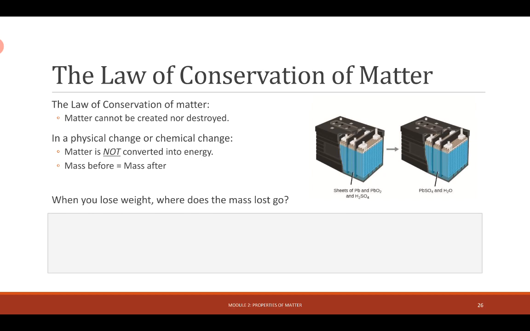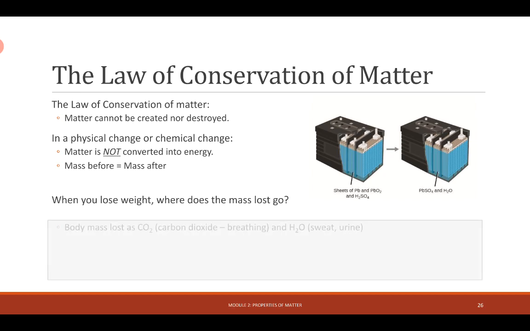Now, when we lose weight, like through dieting and exercise, where does our lost mass go? Because we know from the conservation of matter that we can't destroy that matter. Whatever mass we lost has to still exist. So where did it go?